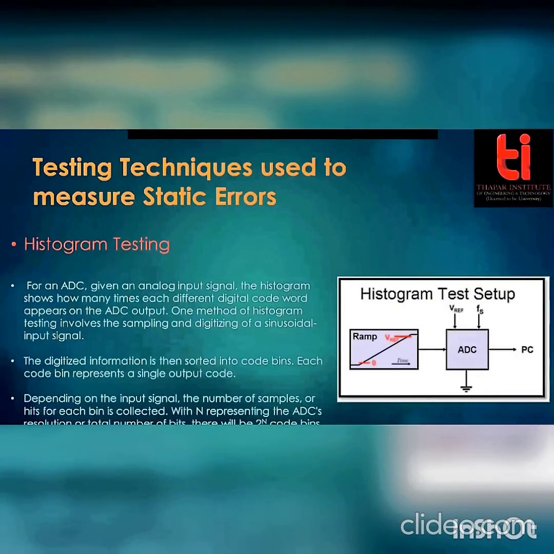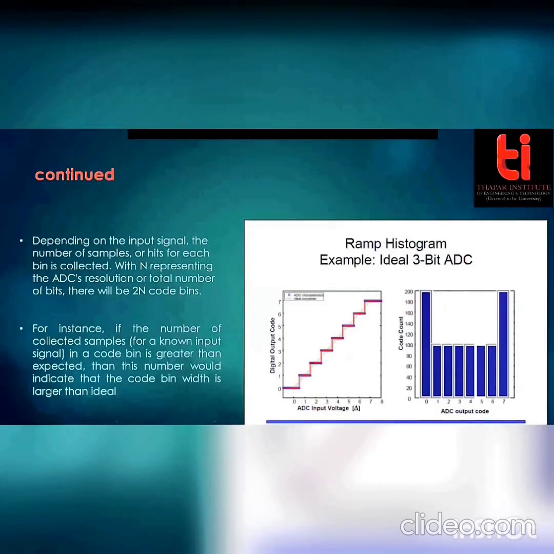Depending on the input signal, the number of samples or hits for each bin is collected, with n representing the ADC resolution, or total number of bits. In our case, n is 6, so we have 2 raised to the power n code bins, a total of 64 code bins. For instance, if the number of collected samples in a code bin is greater than expected, this indicates that the code bin width is larger than ideal.